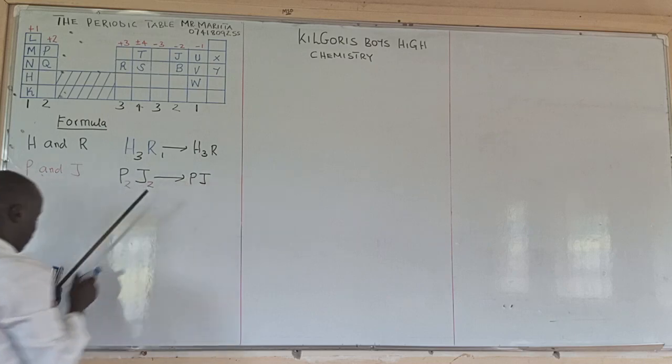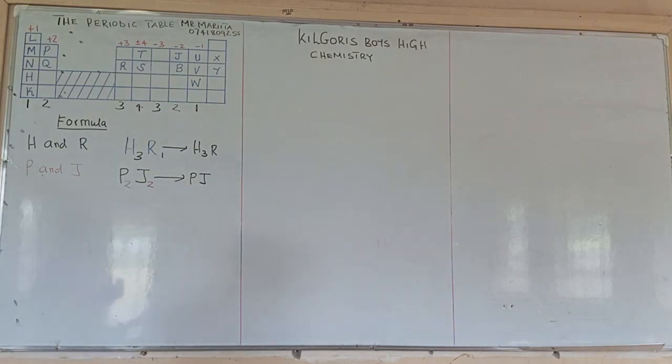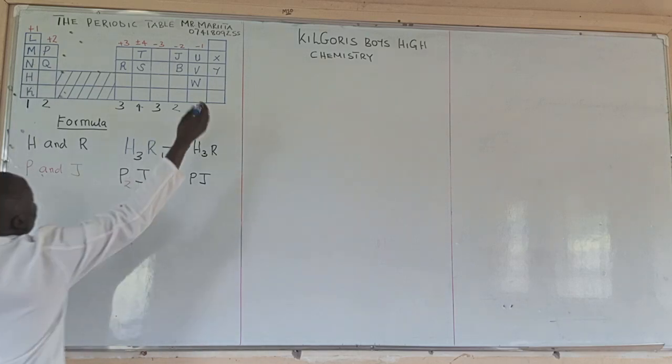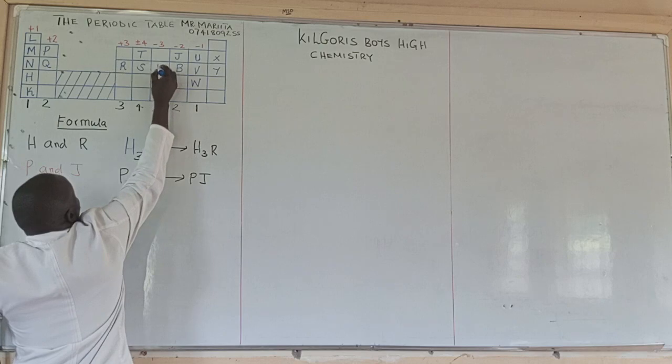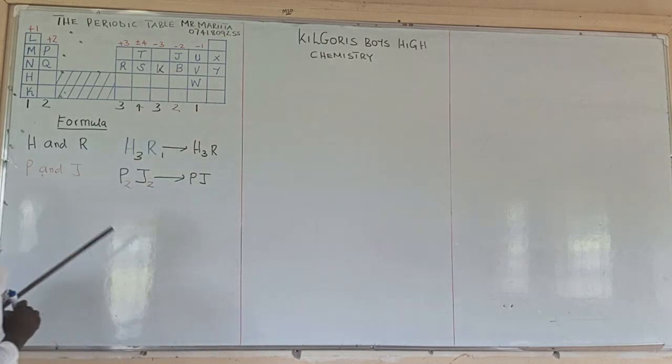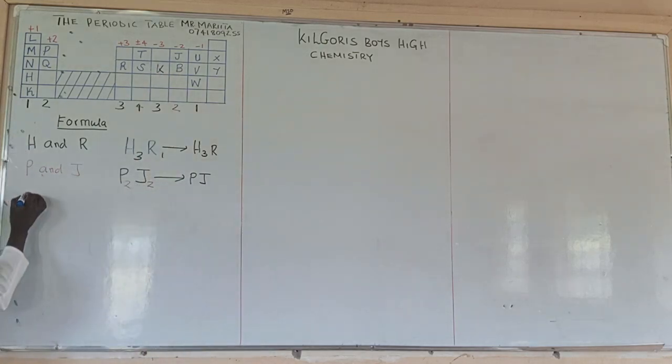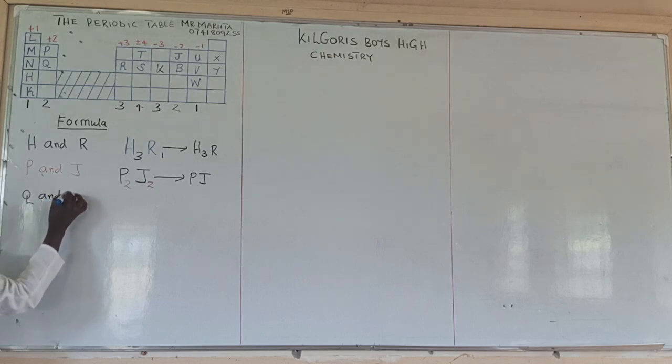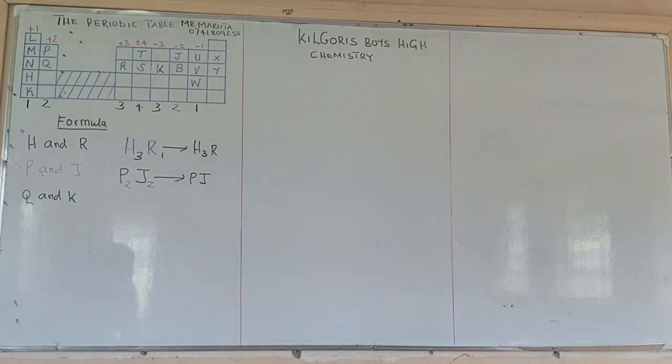Suppose now you have been told to write the formula of the compound formed between element Q and another element, let's say this element K. How do you write that formula? Using these numbers, you just come and write.